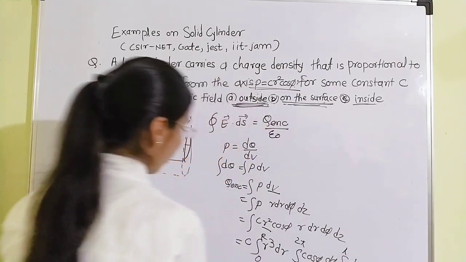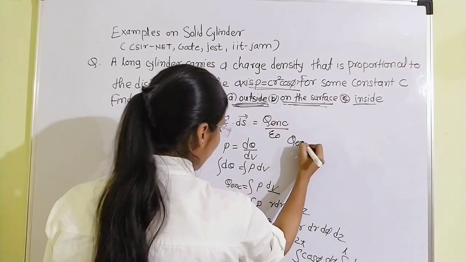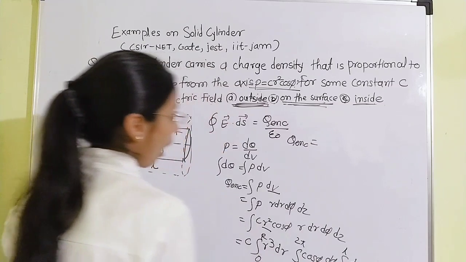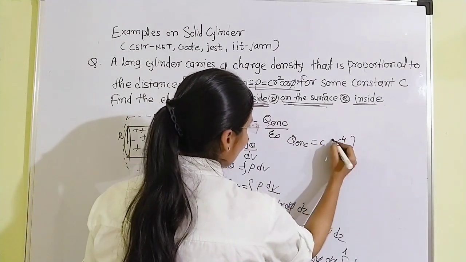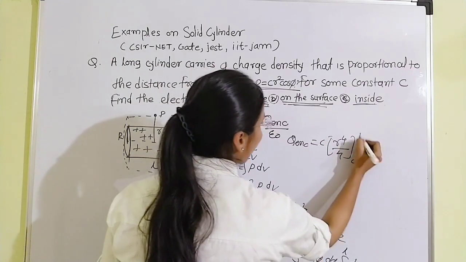L. So here Q enclosed is equal to C into r raised to 4 by 4, the limit of this is 0 to r.